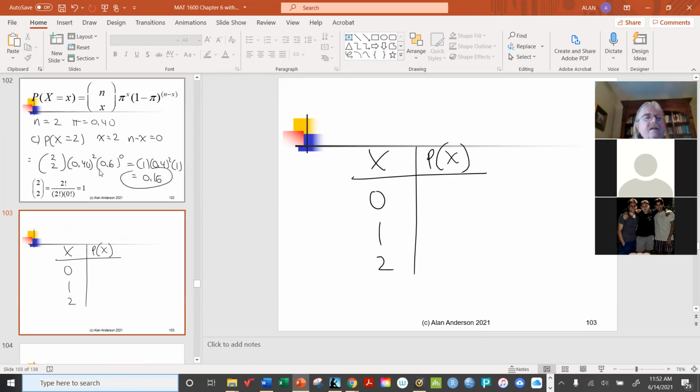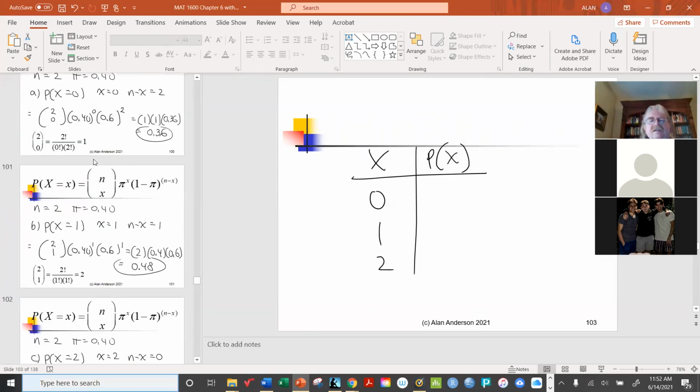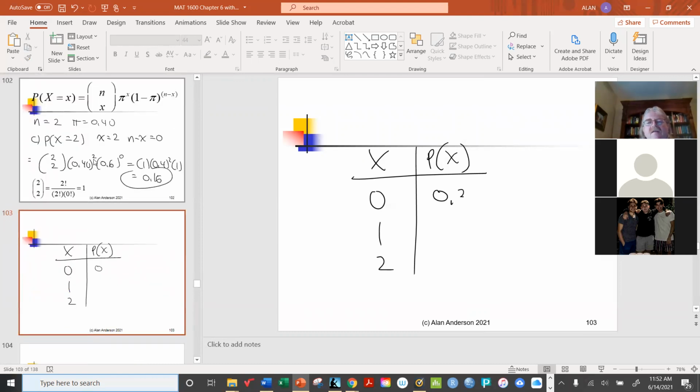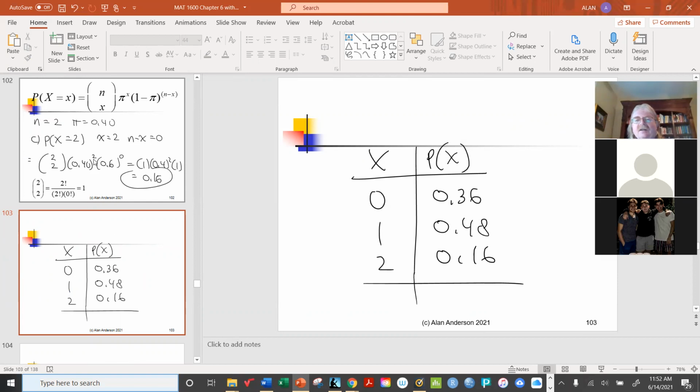So let's see, what did we get here? 0.36, 0.48, 0.16. Do they add up to 1? Let's see. We'll throw them into the calculator. 0.36 plus 0.48 plus 0.16 is 1. And of course, each one of them individually is between 0 and 1. So we have ourselves a valid probability distribution, which was generated with the binomial distribution.